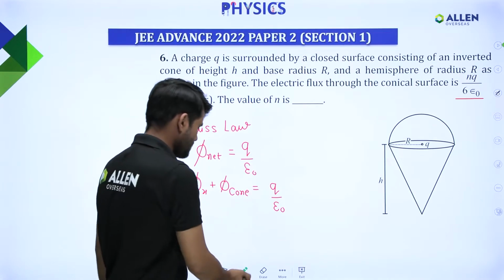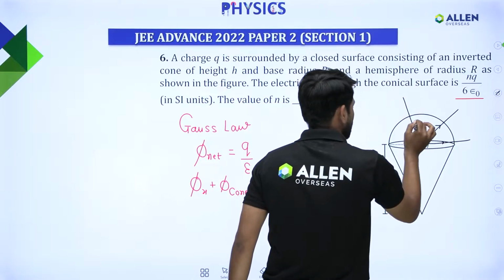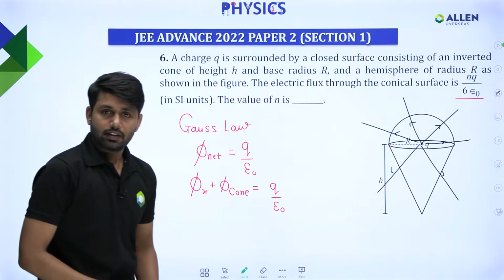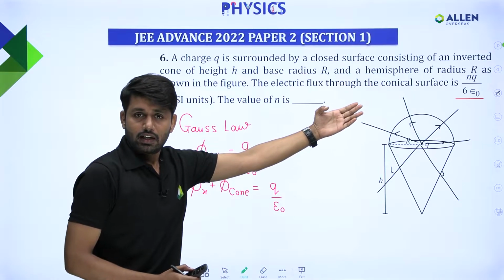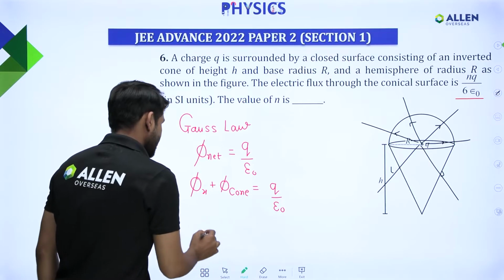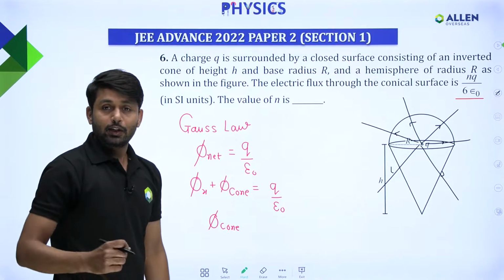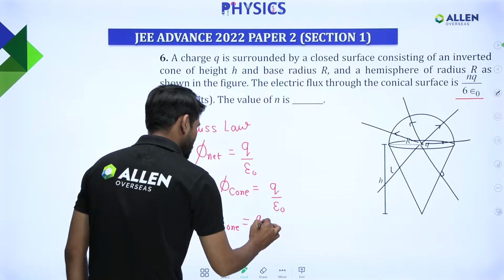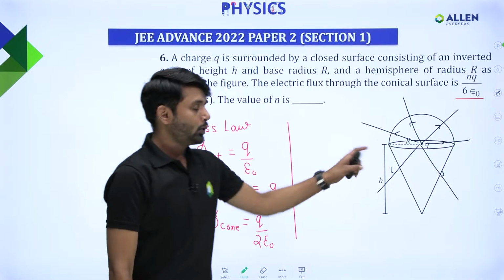If you think about this situation, you can see these are field lines passing through this hemisphere as well as through this cone. This is the net flux. So half of this net flux is passing through the hemisphere and the remaining flux is passing through the cone. So you can directly write that flux passing through this cone is half of the total flux, and the total flux is Q upon epsilon naught. So half of Q upon epsilon naught is Q upon 2 epsilon naught. This is the value of flux passing through this cone.